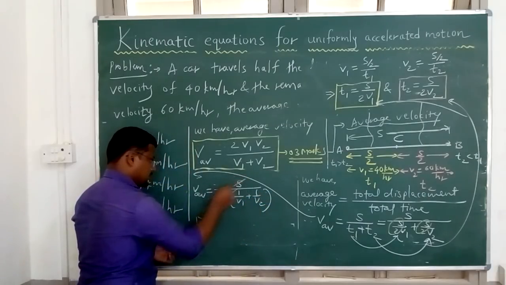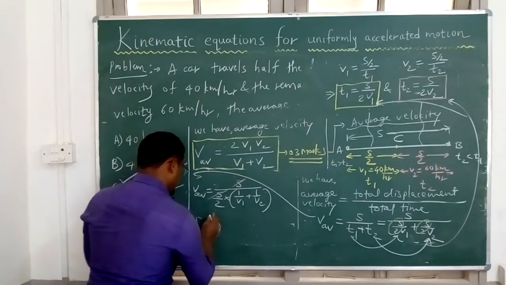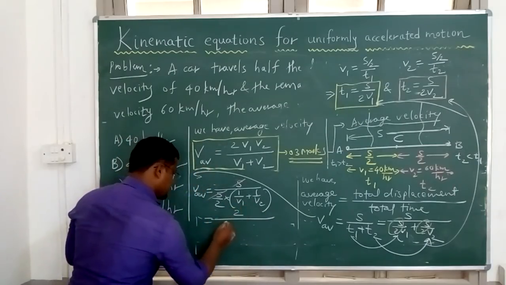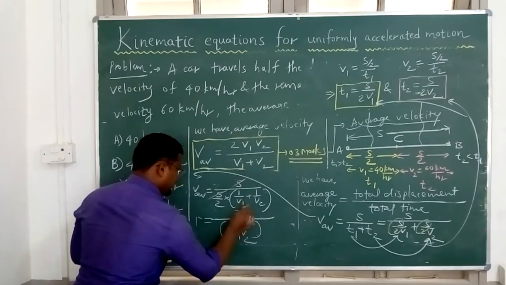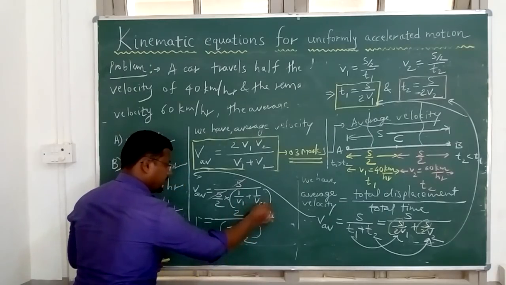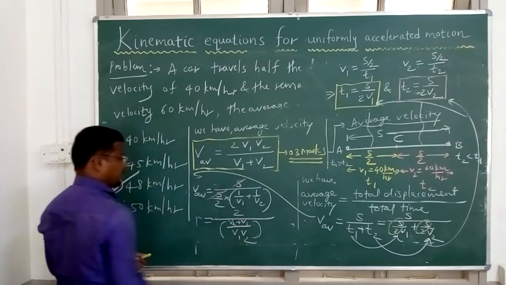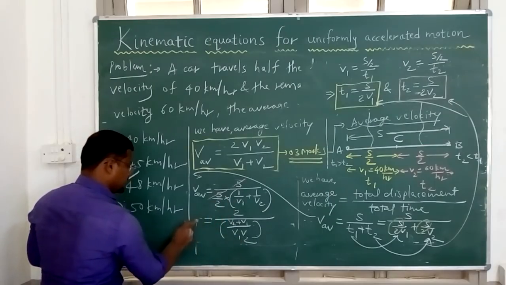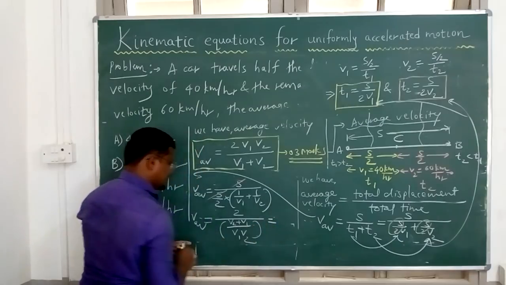This S and this S get cancelled, it is 1 by 2, so it moves as 2 by 1, so the numerator will become 2 divided by, inside this bracket LCM is V1 V2, and in the denominator I have to multiply V2 and here multiply by V1, so it is V2 plus V1. And if you solve this, V1 V2 will come to the numerator. This is V average, and this is going to be your answer.